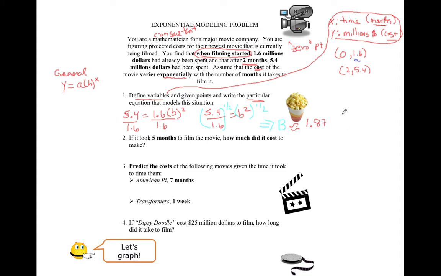So what is my particular equation then? So my particular equation is y equals 1.6 times 1.87 to the x. Now ask yourself a question.